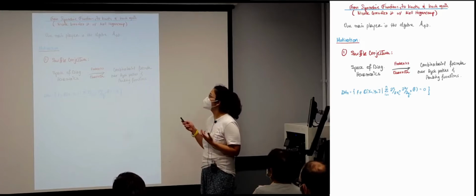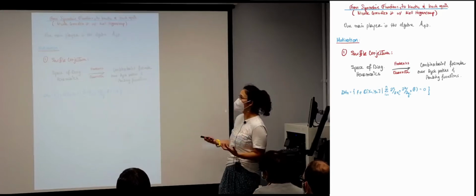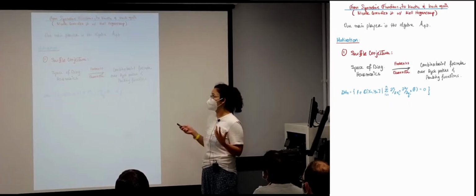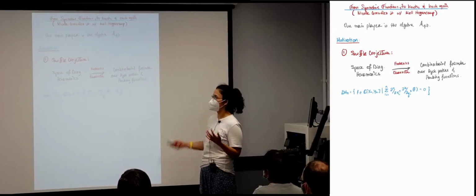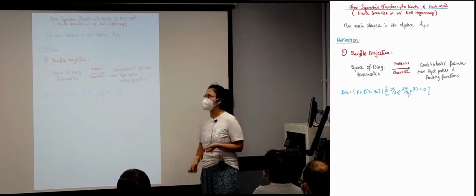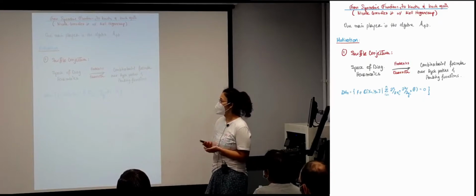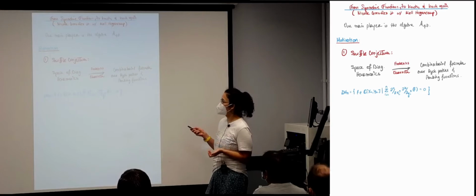The original place where this algebra came into play stems from a well-known combinatorics conjecture known as the shuffle conjecture. Fundamentally, what this conjecture gave us is a combinatorial formula for the Frobenius character of the space of diagonal harmonics.